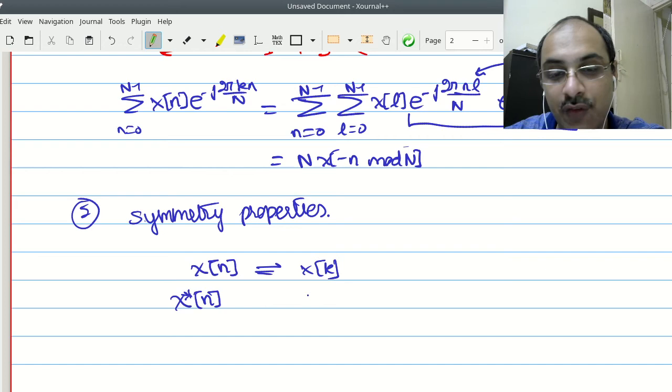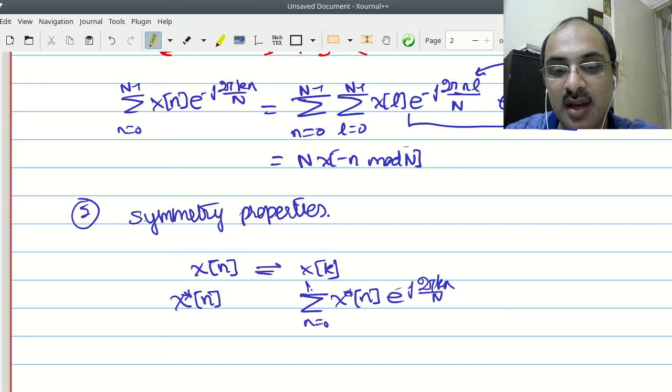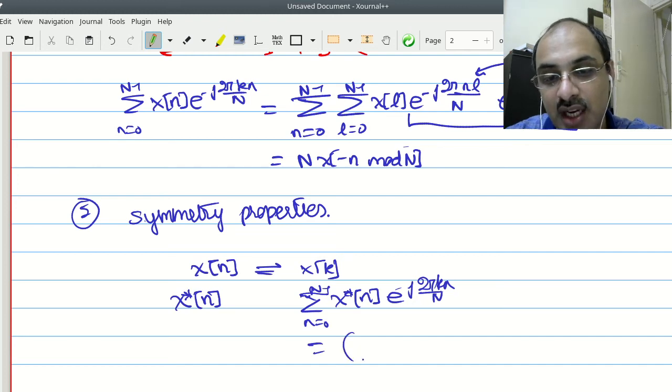What do you have? To find out, you just substitute: the summation of x star n e power minus j 2 pi k n upon N, n runs from 0 to N minus 1. You can take the conjugate outside.